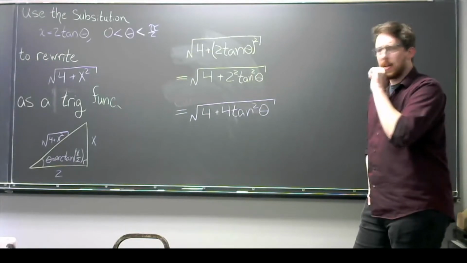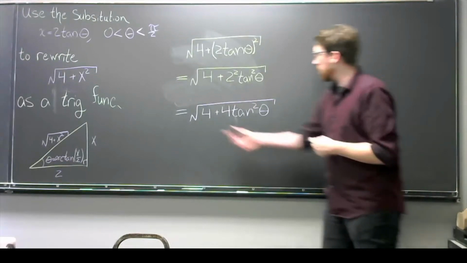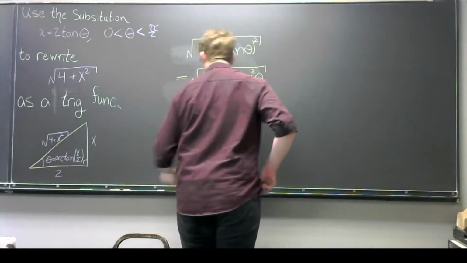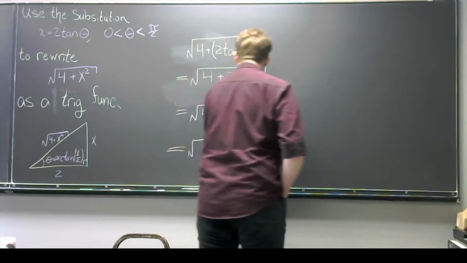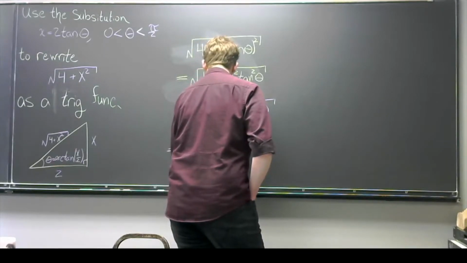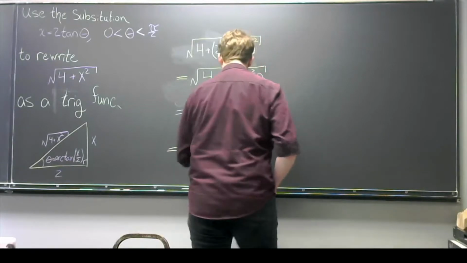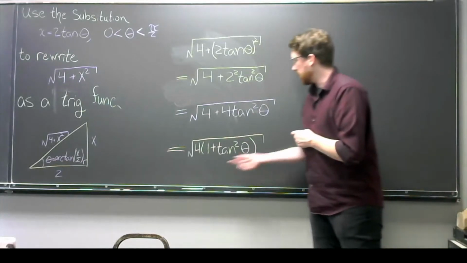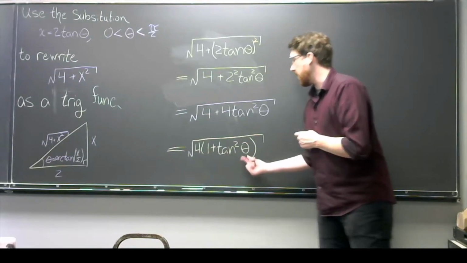Well, looking at this, we can pull out that 4, can't we? We can factor it out of these 2 terms. When we do that, we're going to end up with the square root of 4 times the quantity 1 plus tangent squared of theta.